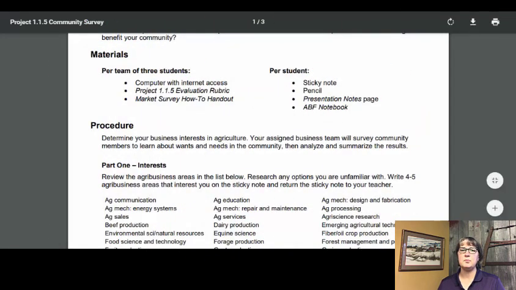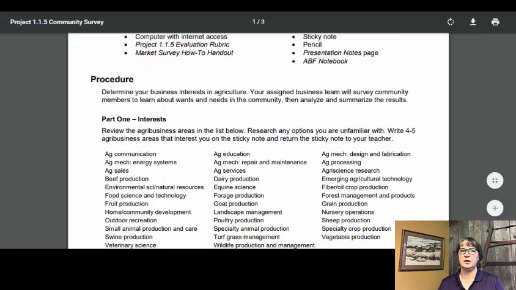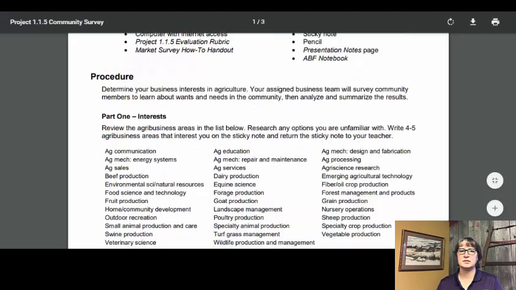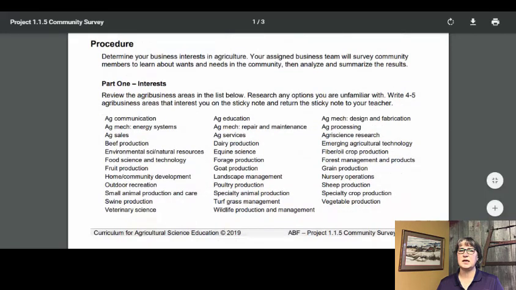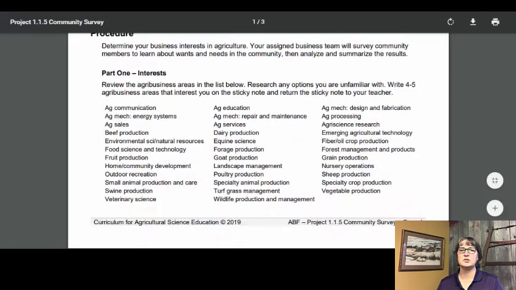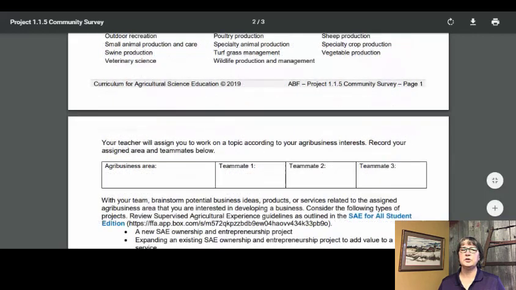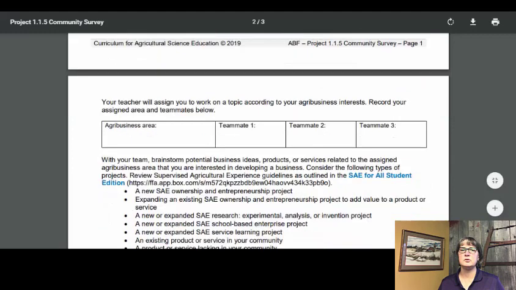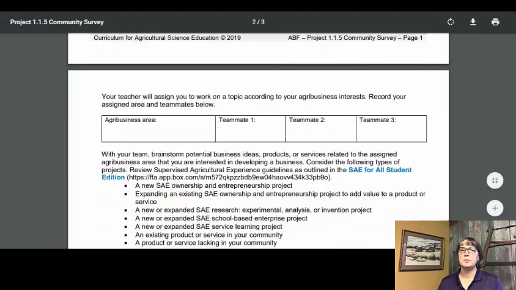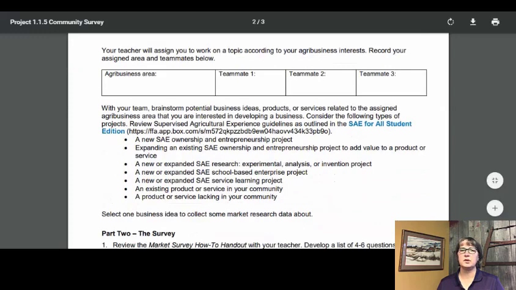Remember, students are not making final decisions on a product or service for their business plan. They are simply narrowing their interest and focusing their ideas so they can select a business idea to collect market research data about. You will determine student groupings based on these interests, and students will be asked to brainstorm potential business ideas, products, or services related to their selected agribusiness area.